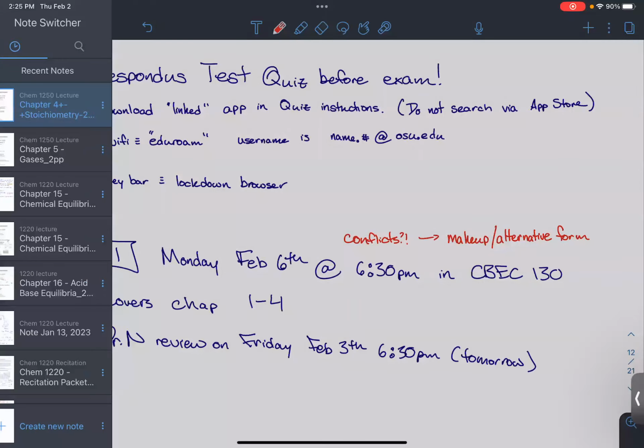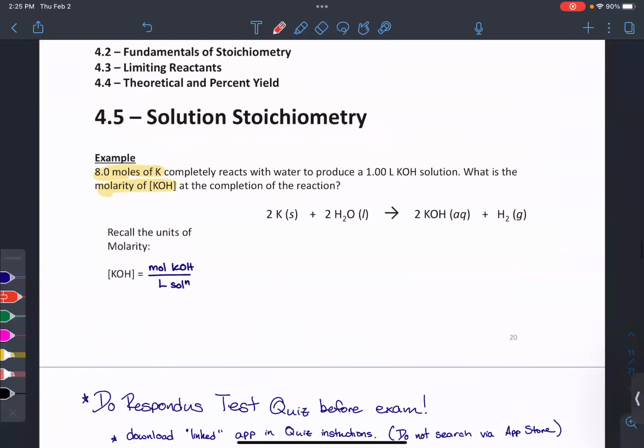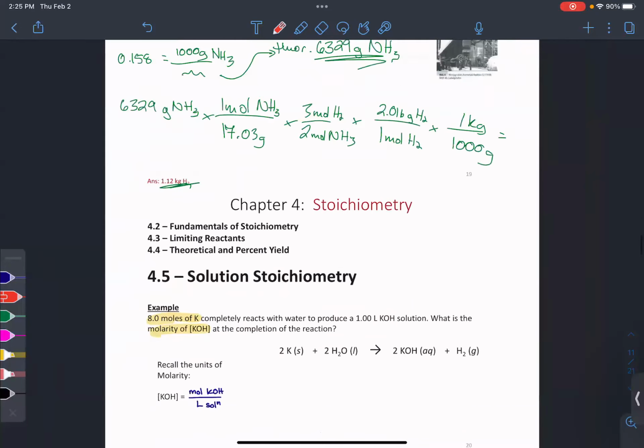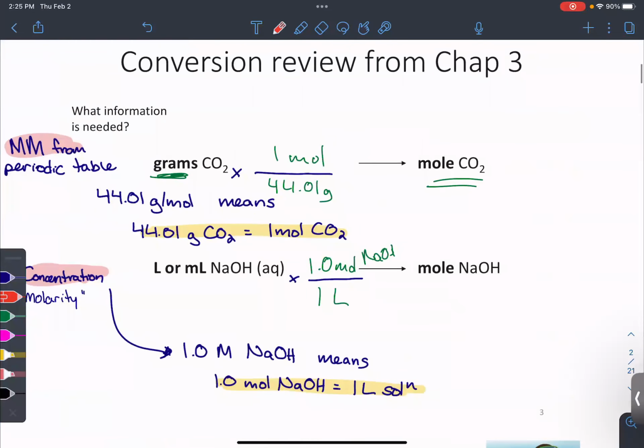All right, so let's move on. Oh yeah, chapter 4, that's where we are right now. We left off on Tuesday going through the ideas of stoichiometry, where we had mole conversions: gram to mole conversions, and volume to mole conversions using molarity.